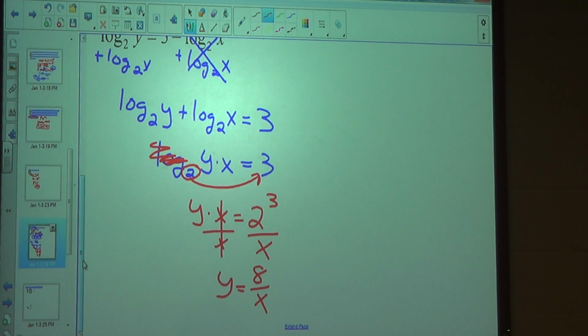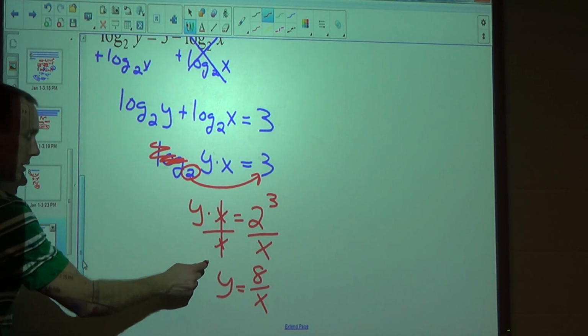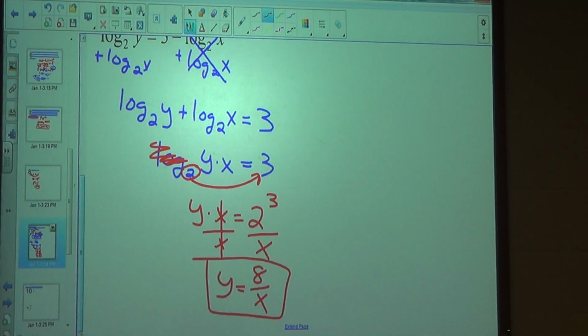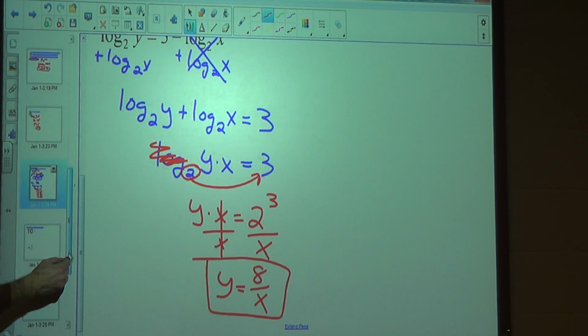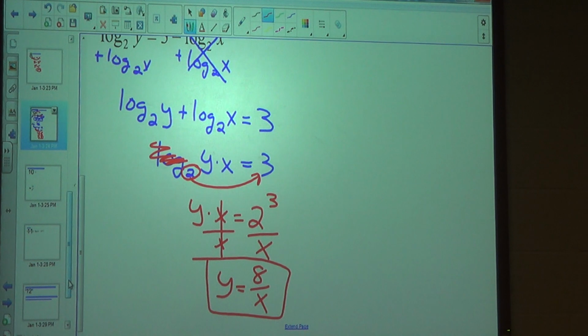So then y would equal 8 over x. Questions on that? Good.